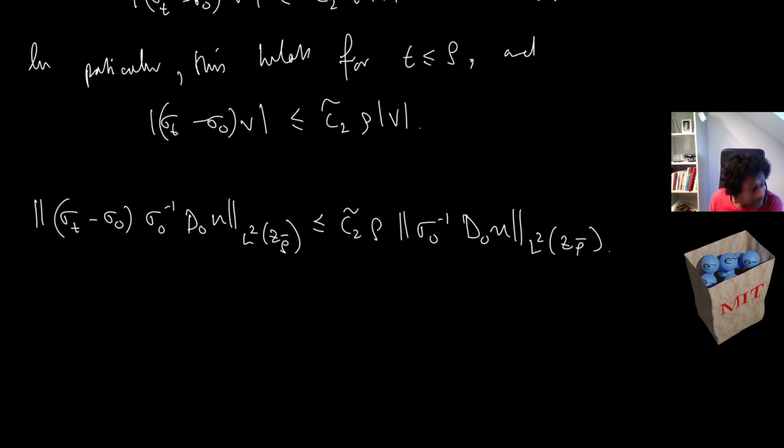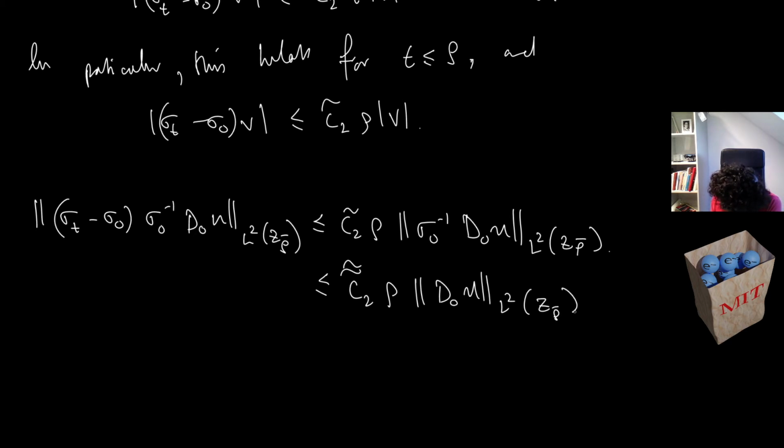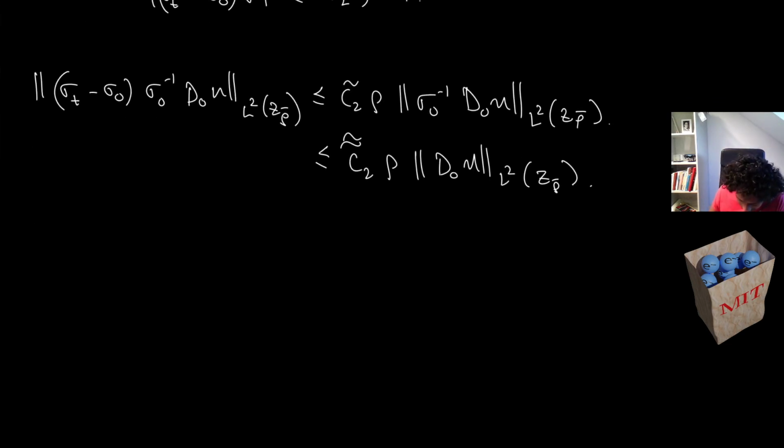Okay. And now, of course, everything gets absorbed into a constant, so I'll write C tilde tilde as the second constant. I'm just absorbing the norm of the sigma naught inverse because it's in this compact cylinder, right? So now this is going to be bounded by D naught of U L2 over the cylinder. Okay. So that's the easy term.